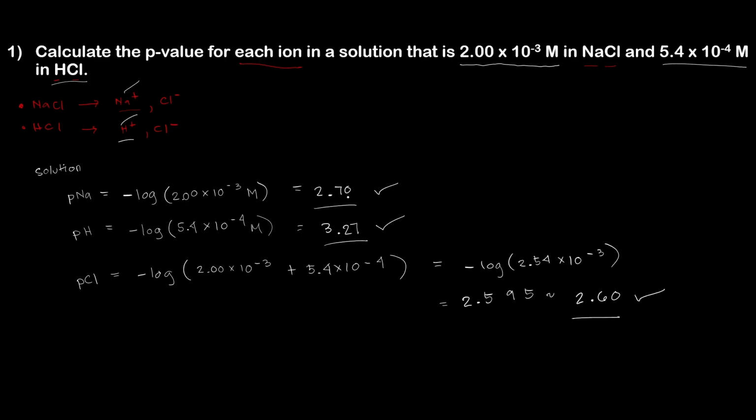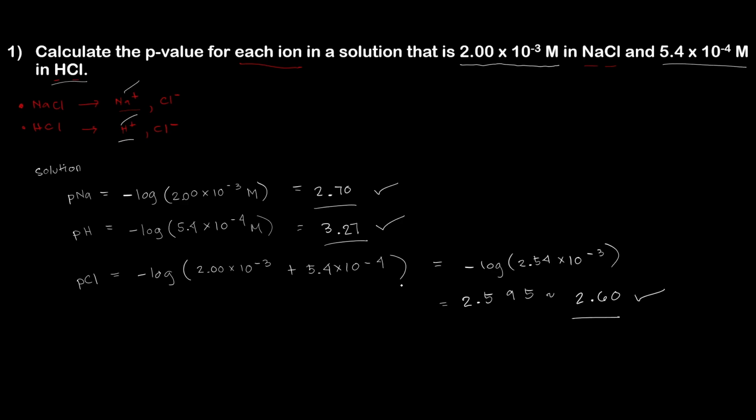The pNa is 2.70, pH is 3.27, and the pCl is 2.60. So just remember here, if they have a common ion, simply add them up before you do the negative log of that value.